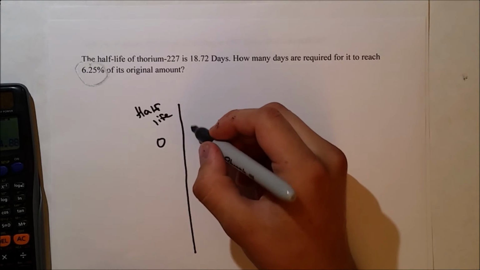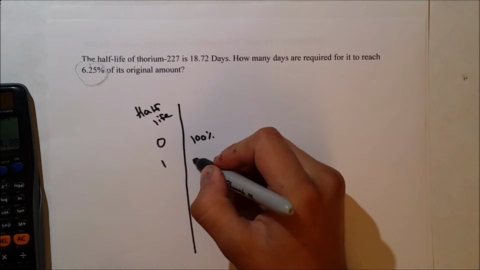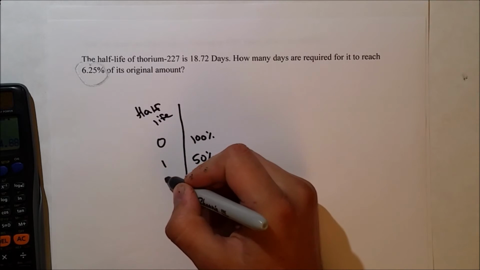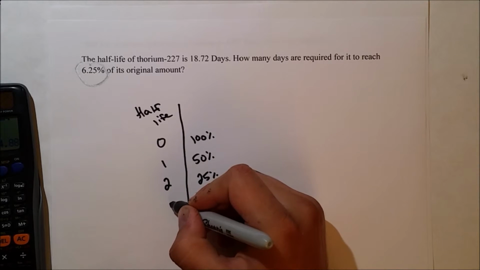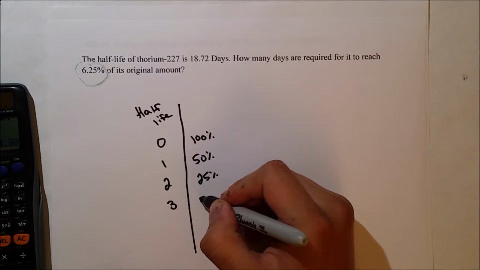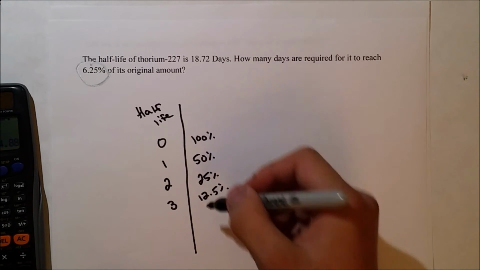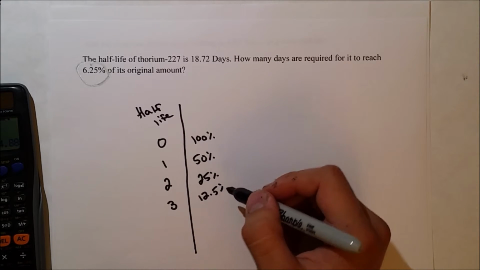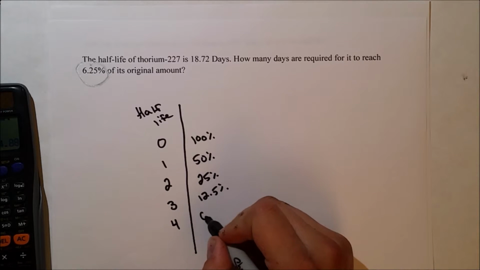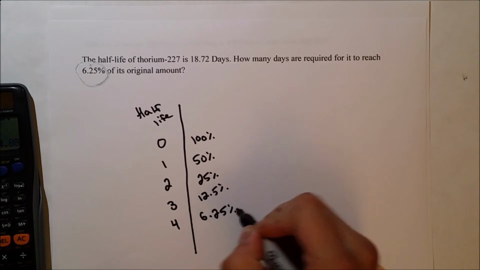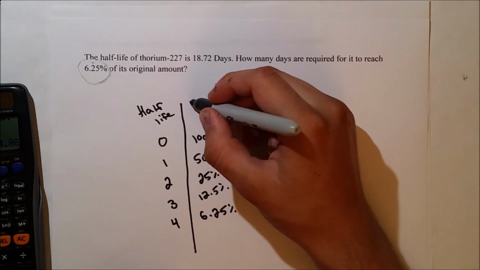Half-life 0, we have 100%. Half-life 1, we have 50%, or half. At half-life 2, we have 25%, or 1/4. At half-life 3, we have 12.5%, and the fraction for that would be 1/8. At half-life 4, we would have 6.25%, or 1/16.